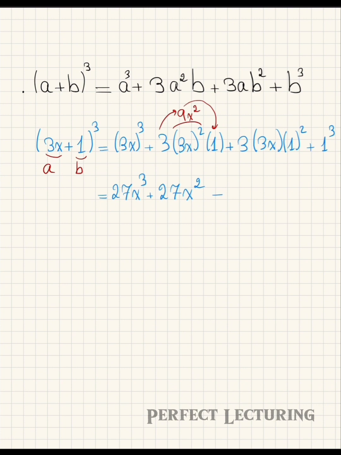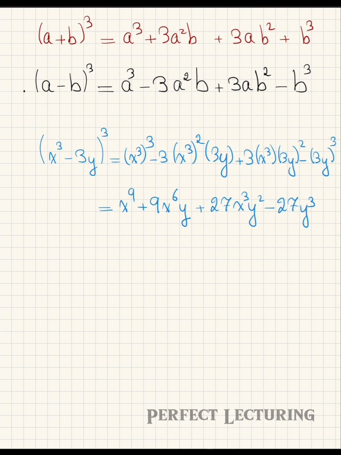Let's continue, plus 1 squared is simply 1, and 3 times 3 is 9, times 1, that is also 9, and x remains x. 1 cubed is finally 1.